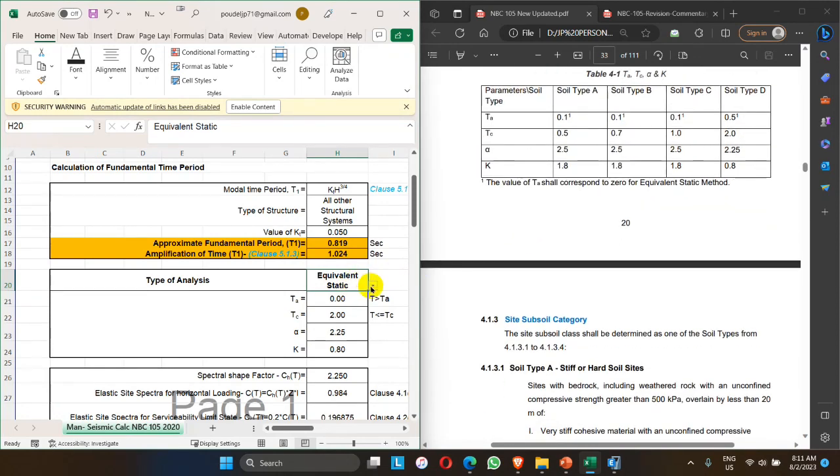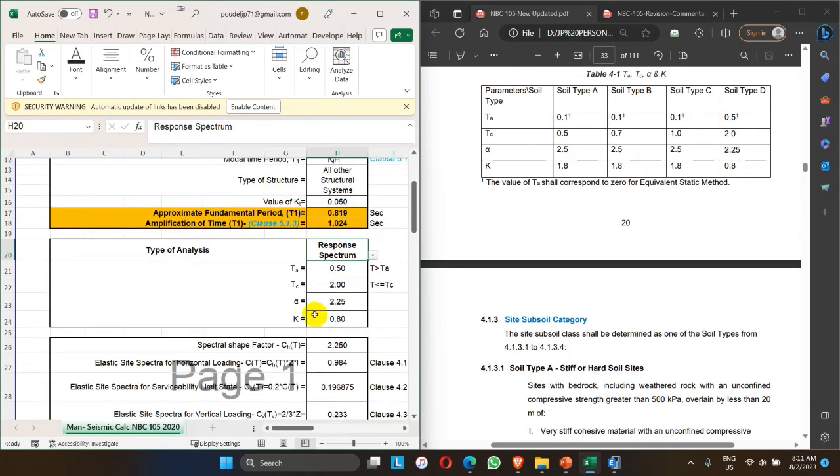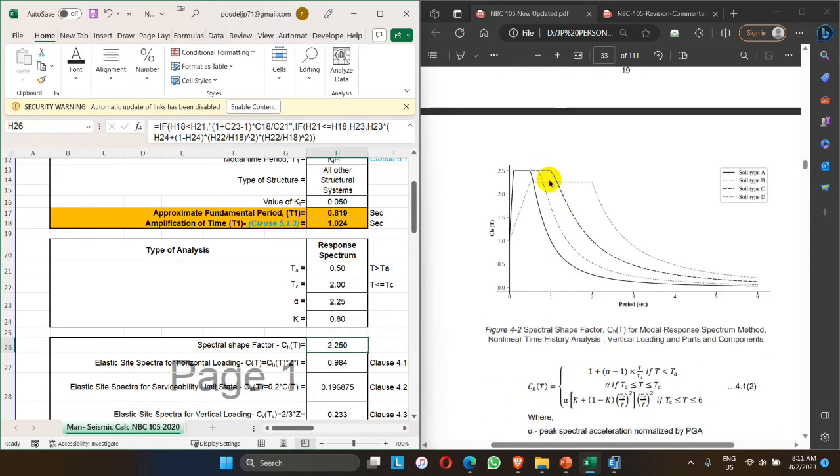And if we choose the response spectrum analysis, the TA is 0.5, the TC is 2, the alpha factor is 2.25, and the K factor is 0.08. So here we got the highest peak spectral factor of 2.25.